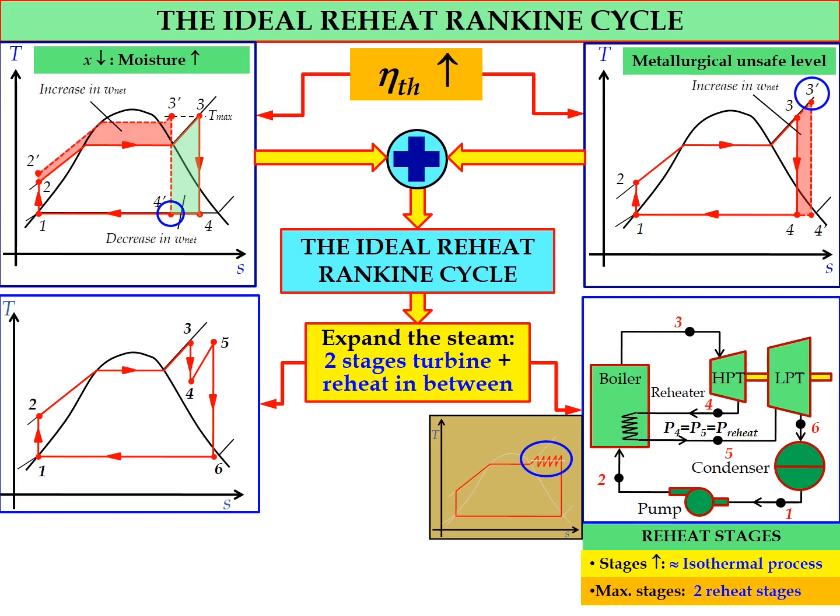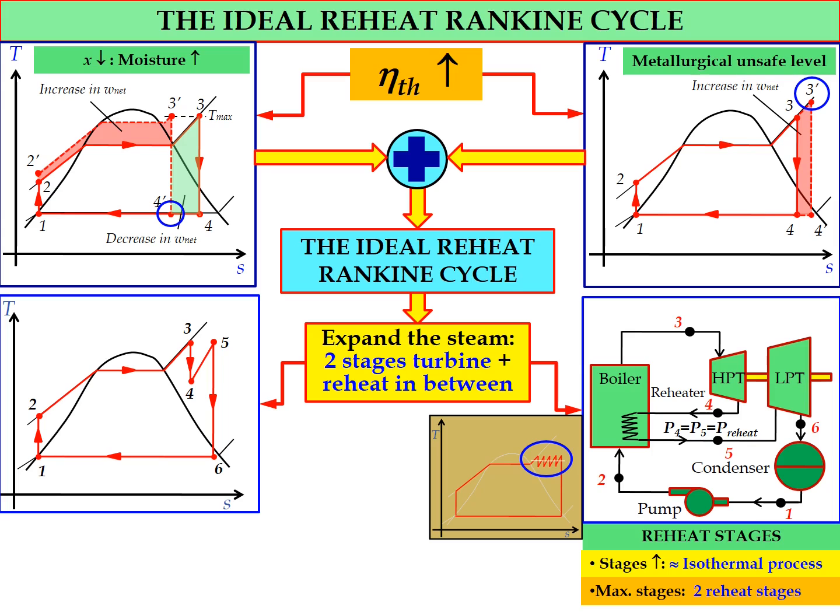So if you draw the TS diagram, this is the TS diagram for the ideal reheat Rankine cycle. We have isentropic compression from state number 1 to state number 2, a constant pressure heat addition process from state number 2 to state number 3, and then because we have 2 turbines, we have the isentropic expansion process in the first turbine, which is the isentropic expansion process in the high pressure turbine from state number 3 to state number 4.